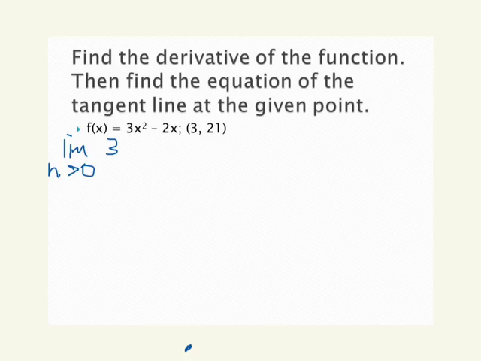We're going to have 3, and then I see my first x, so that's going to be x plus h, quantity squared, minus 2 times x plus h. So this part of the function is just simply representing f of x plus h. We plugged x plus h into the two places that we see x in our equation.